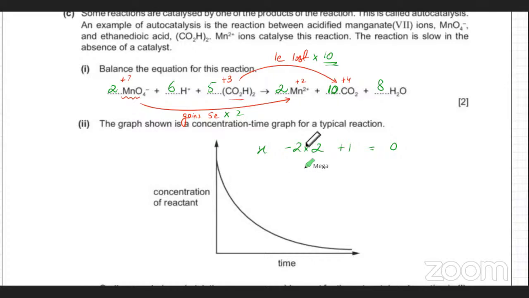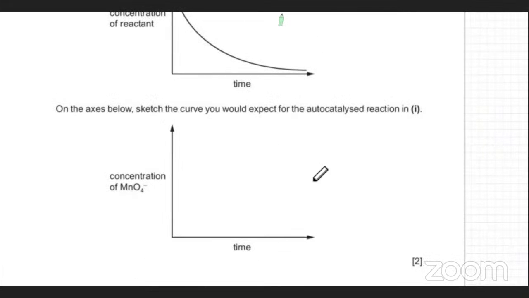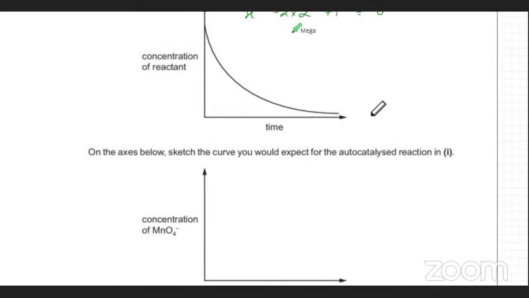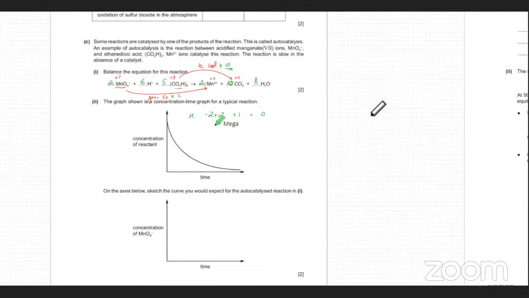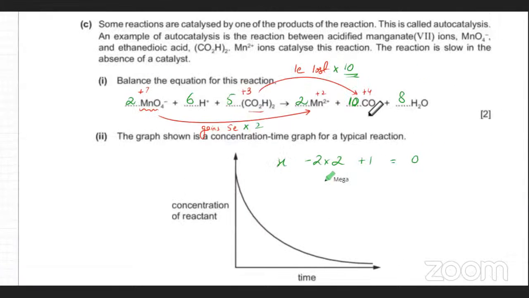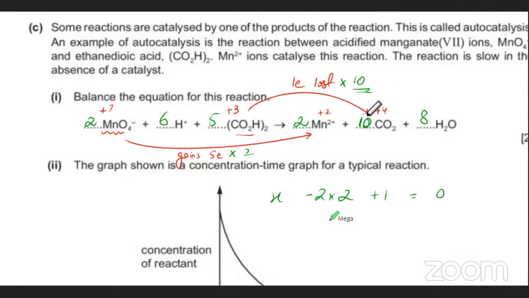Now the next part is: on the axis below, sketch the curve you would expect for the auto-catalyzed reaction in part I. Now you have to read the statement.